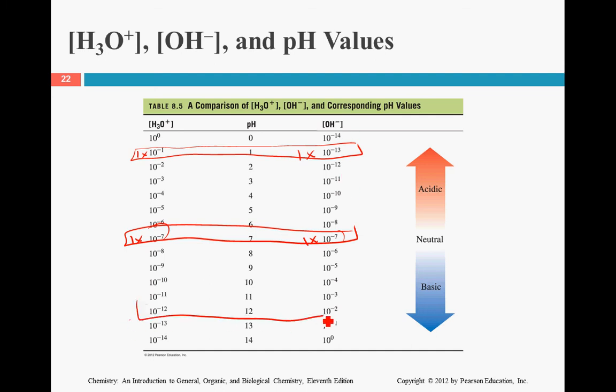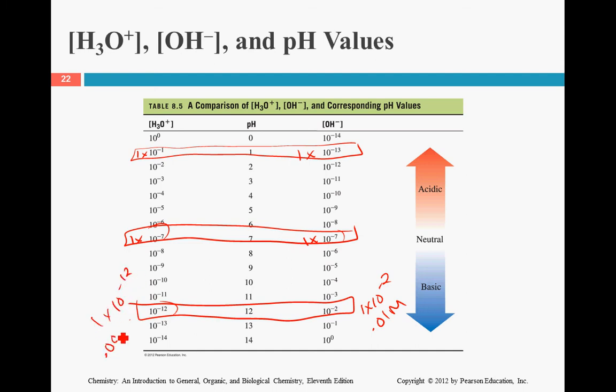If we reverse that process, if it's a basic solution, the OH minus concentration went up, 1 times 10 to the negative 2. That means 0.01 molar. Whereas the acidic concentration, the hydrogen concentration, is 1 times 10 to the negative 12.